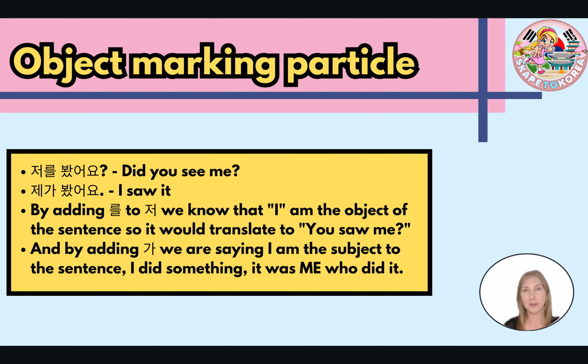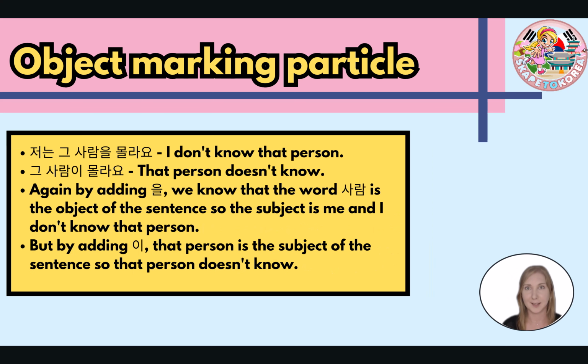So while you can oftentimes drop these particles, especially in very simple sentences like subject, object, verb, or even when you have, it's like subject, time, place, manner, object, verb, like a 5-sentence proper, a bit longer sentence, let's say, then it's still going to be okay to drop, but in the more advanced or like just more complex sentences, it might be really important to know where to add which particle because the meaning can change.